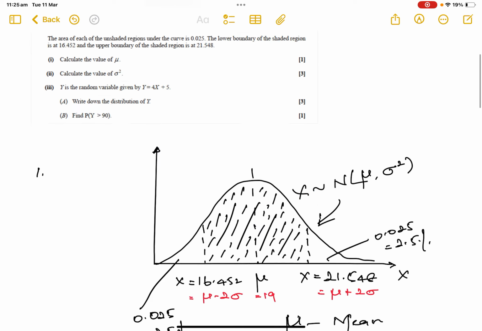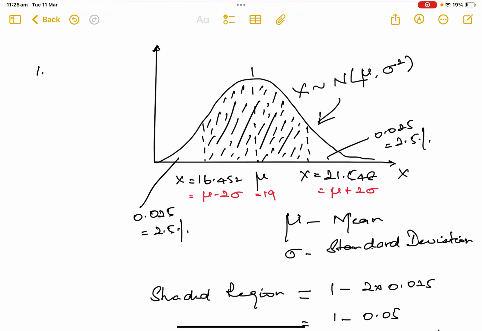Let's start the question. I just re-sketch the diagram given. The shaded region is between x equals 16.452 and 21.548. The unshaded region is 0.025 each side, so that is 2.5% and 2.5%, so 5% unshaded.